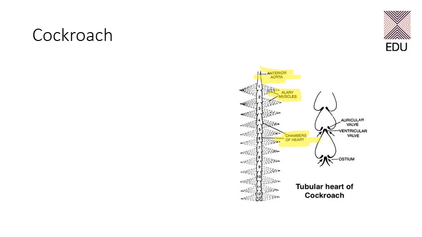The myographic or ECG type of graphs of this particular heart indicate that the entire tubular heart of the animal contracts in a wave-like manner. So a wave of contractions occurs in this particular heart.